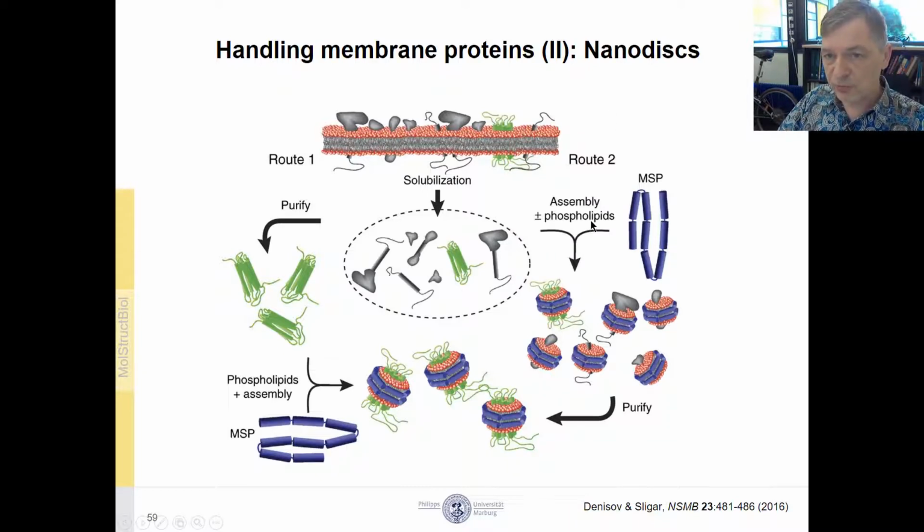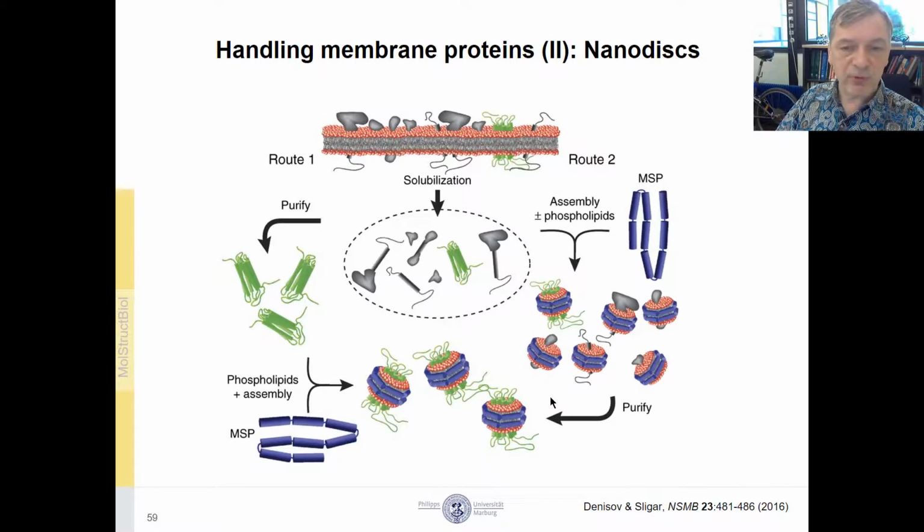But you can also, of course, make a phospholipid mixture. You can also take phospholipid mixtures to see what's more stable or not. So that is one of the ways we are thinking nowadays about handling membrane proteins.